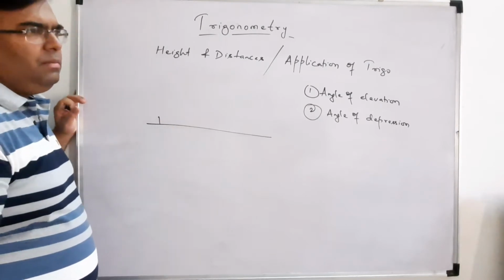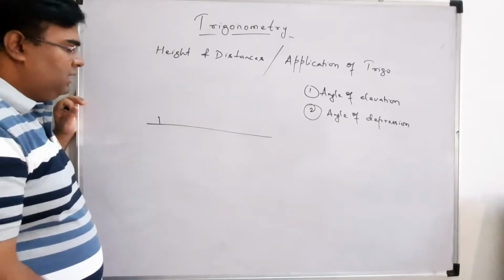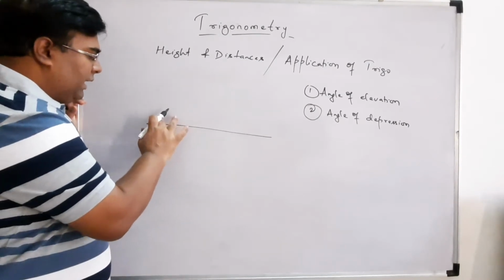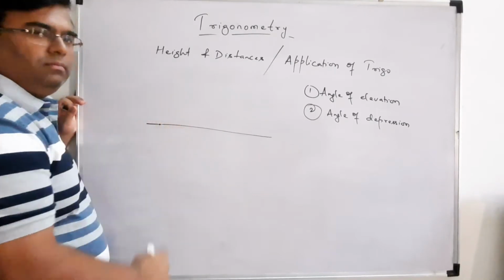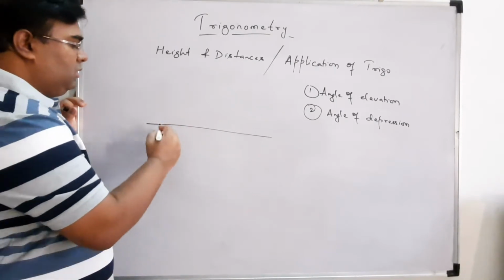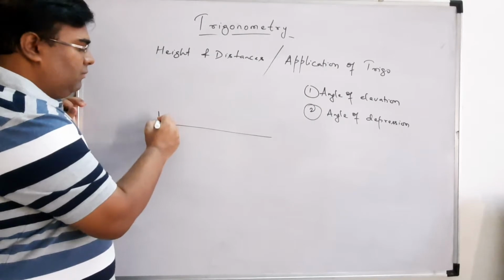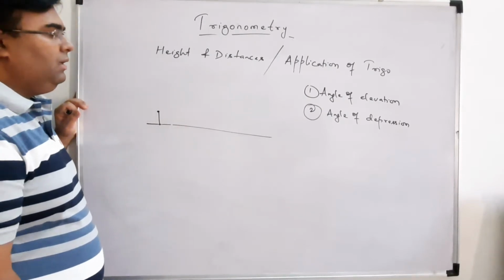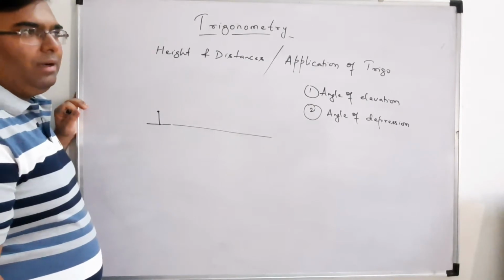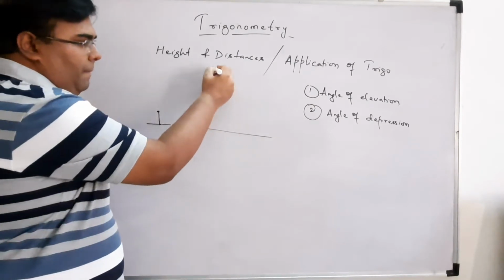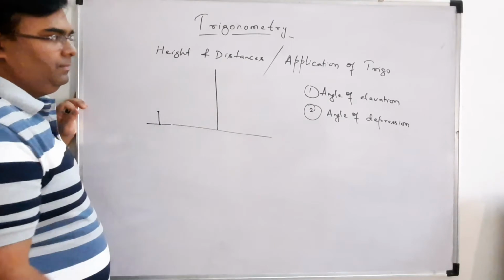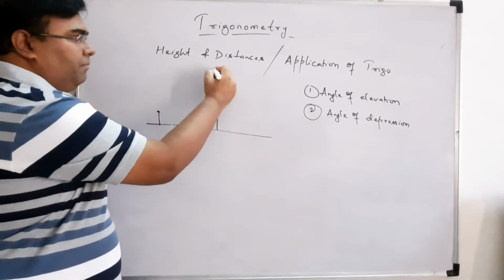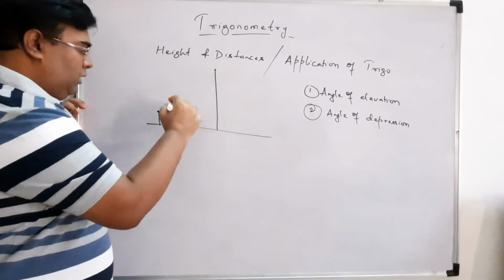Sometimes you take that person as a point object. Or suppose somebody is sitting on a tree here, and he is looking at the top of a tower. Suppose this is my tower and I am looking here. Let us join this.